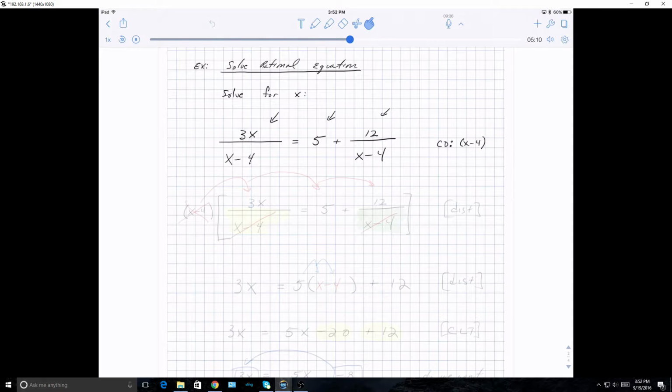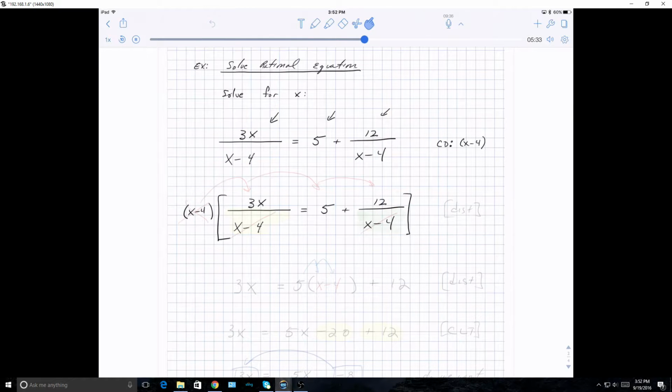So if I write it out, what we have is x minus 4 times the quantity, and let's copy this. Alright.